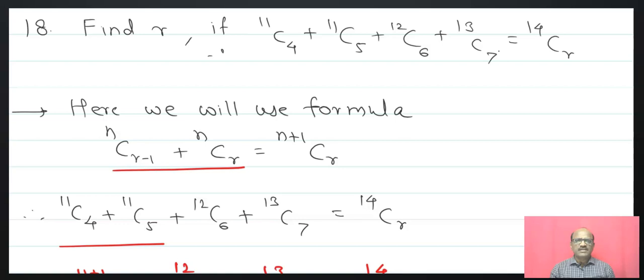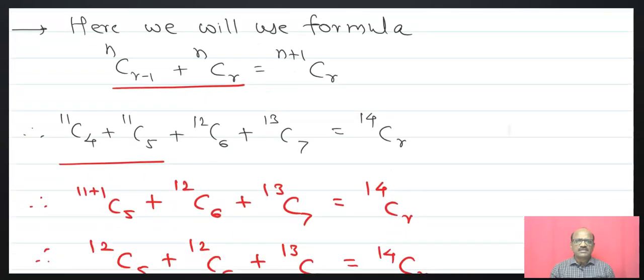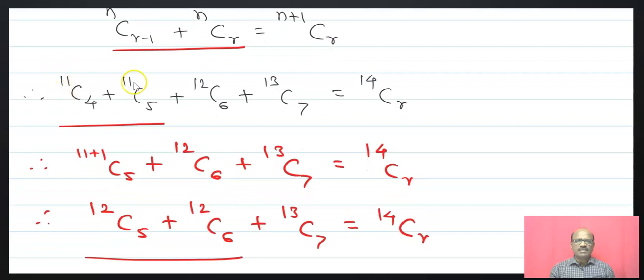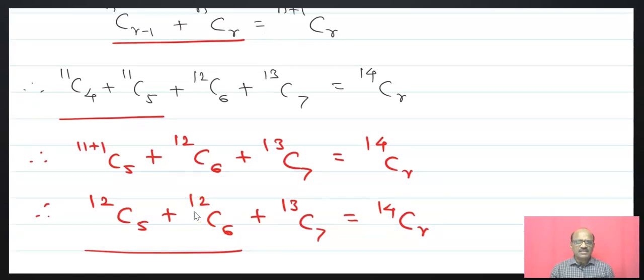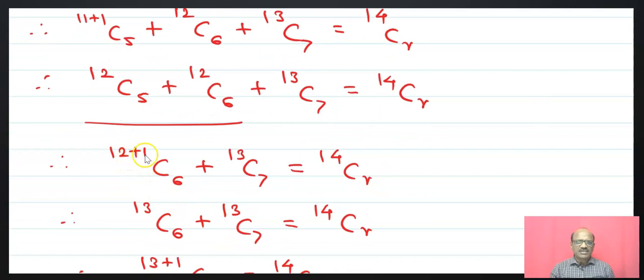Then you will get 12C5, that is 11 plus 1, C5. From these formulas we have 12C5 plus 12C6. Then finally you will get 12 plus 1, that is 13C6 plus 13C7, and that is equal to 14CR.